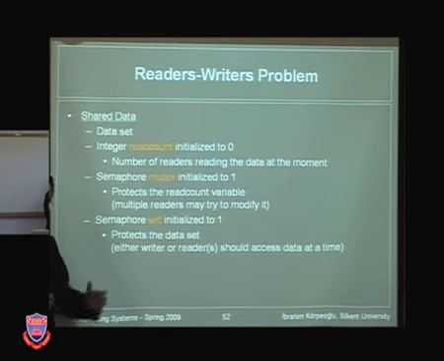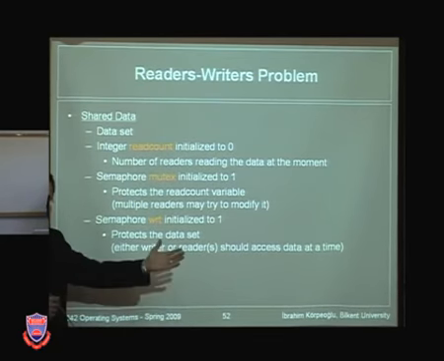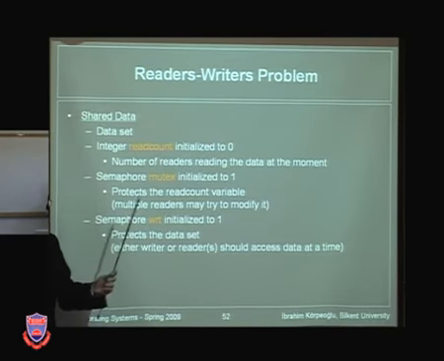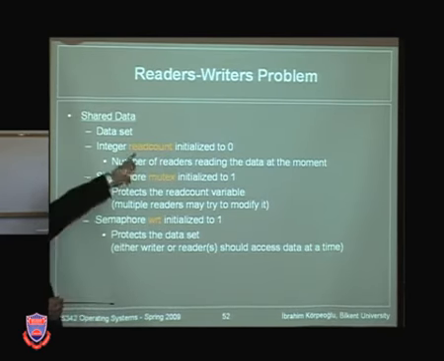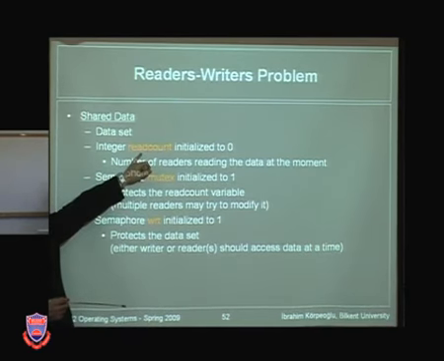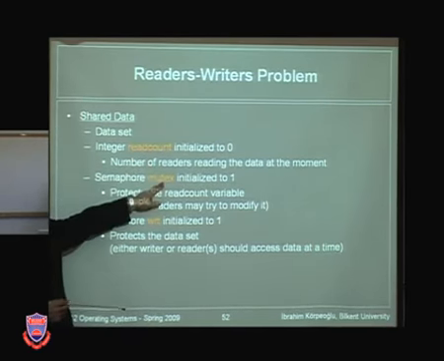But at the same time, another reader may be leaving, or maybe another reader may come. So there may be several readers that may try to update this variable. Therefore, we have to protect that shared variable as well with another semaphore, mutex, okay? So the purpose of this mutex semaphore is to protect that one. And the purpose of this write semaphore is to protect the shared data, okay?